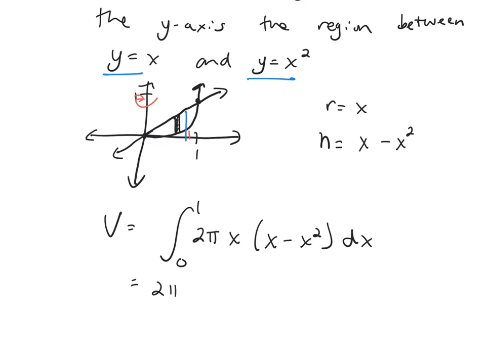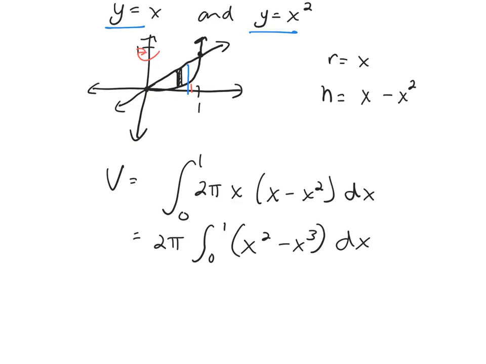Okay, so factor out the 2 pi and distribute my x, so I get x squared minus x cubed. You integrate that, and you'll get x cubed over 3 minus x to the 4th over 4.